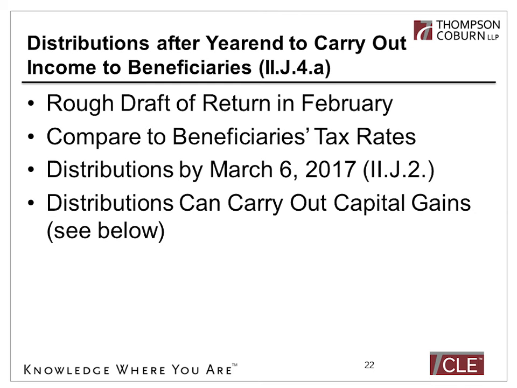So those distributions would need to be made by March 6, 2017 in order to qualify under the 65-day rule. And also these distributions could possibly carry out capital gains, and we're going to talk about that a little bit further.